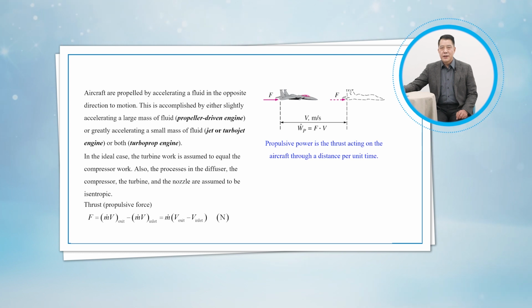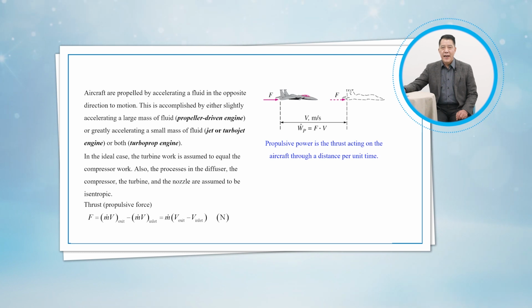The pressures at the inlet and the exit of a turbojet engine are identical. Thus, the net thrust developed by the engine is given by the equation, where V exit is the exit velocity of the exhaust gases and V inlet is the inlet velocity of the air, both relative to the aircraft.